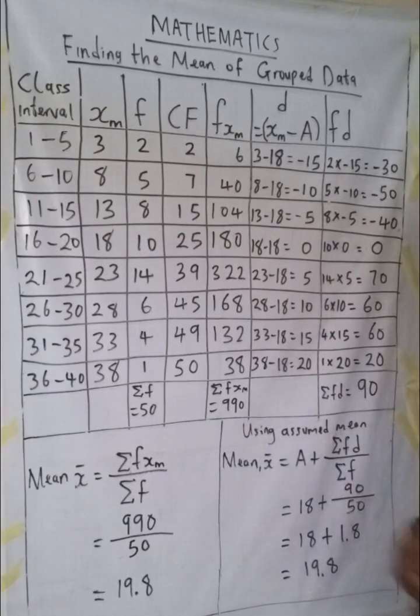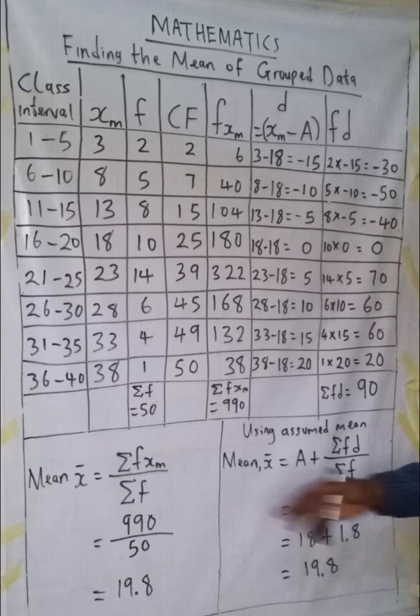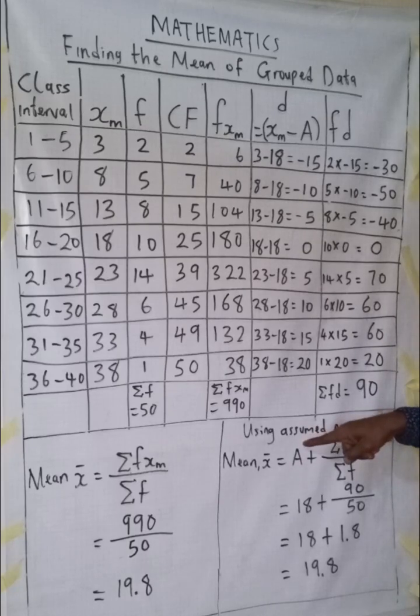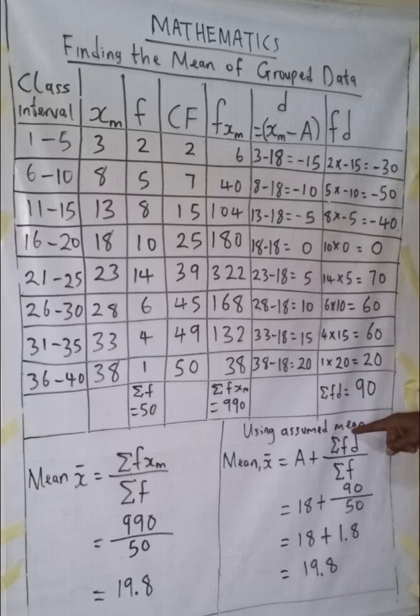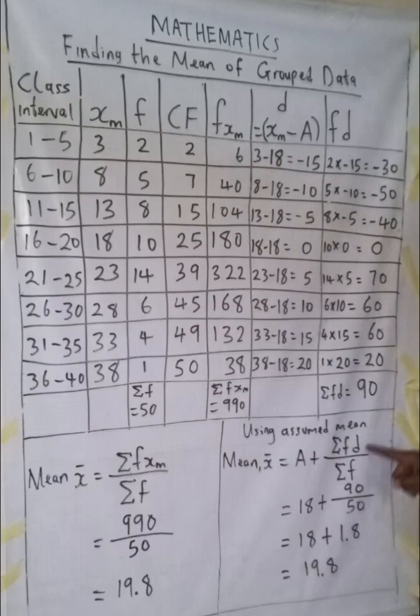So what if we are to find the mean using what we call assumed mean? We have to be equipped with the formula for finding the mean using assumed mean. The mean will be A plus summation fd over summation f, where A stands for assumed mean. You know the f, which is what we have here. We are going to find the d and then find fd.